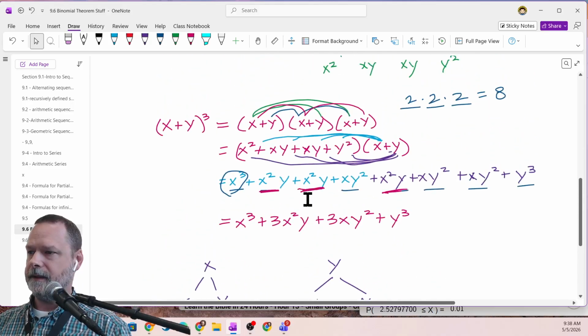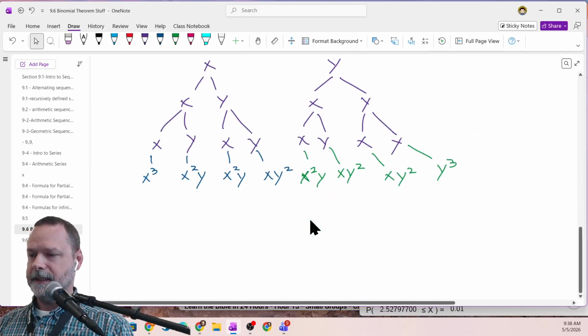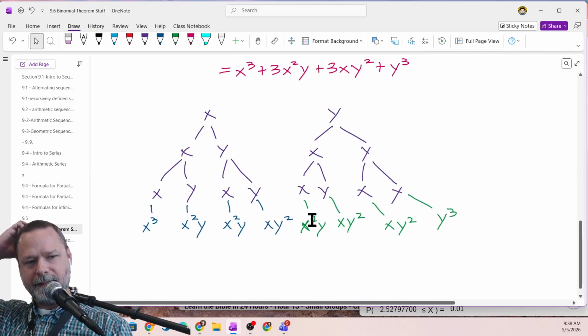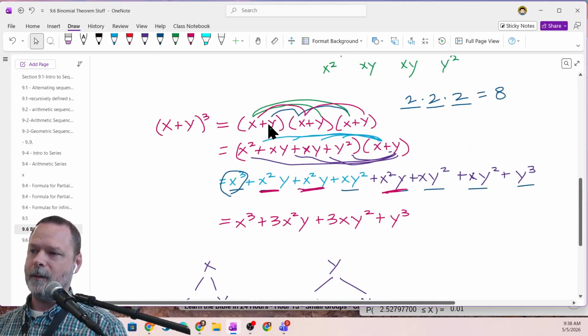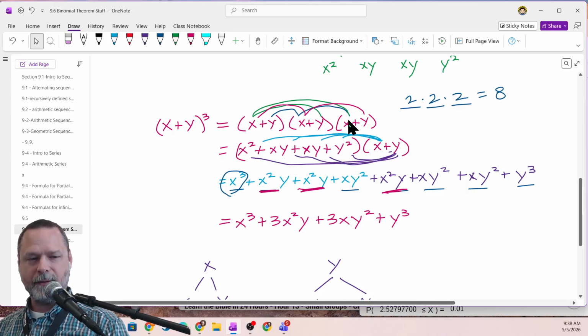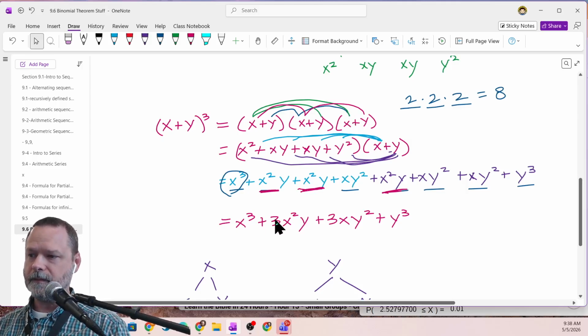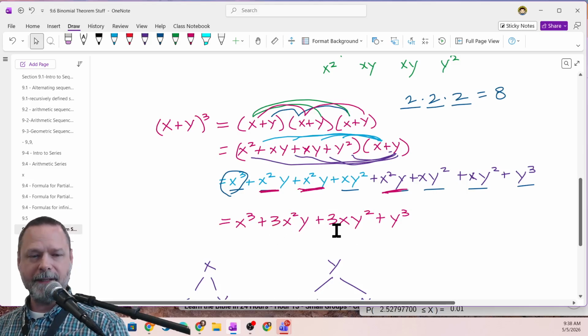And when we're doing x plus y cubed, what we noticed was there's some counting. How many ways are there to get 1 y? If we take an x or y, an x or y, an x or y, 3 times, how many ways are there to get 1 y? Well, there were 3. How many ways are there to get 2 y's?